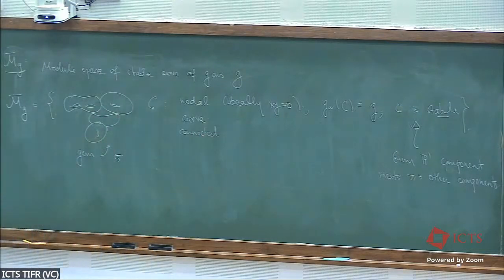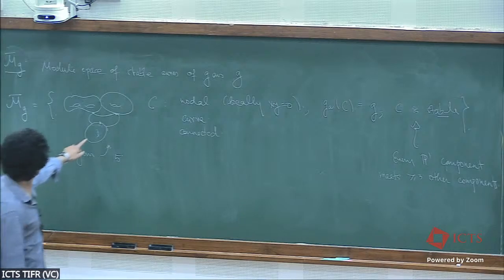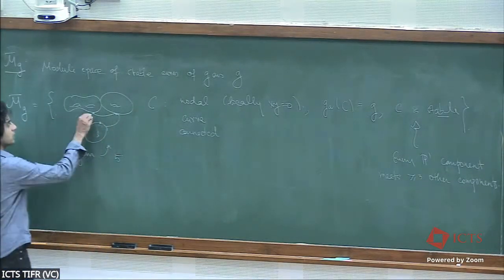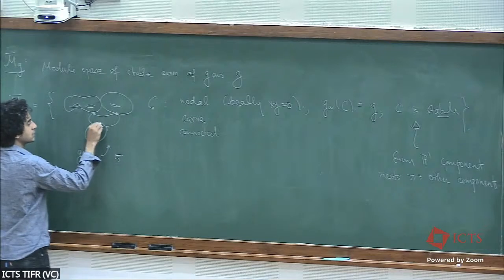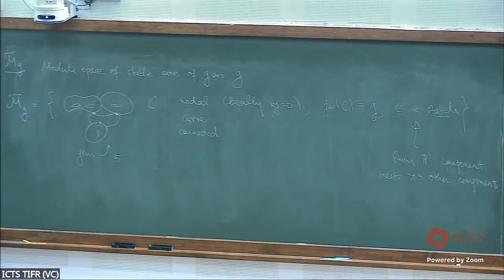Okay. This thing? No, that's stable. I don't think I've said anything that has prevented that. So here's one point, here's another point, and here's another. So maybe you're worried about automorphisms of the elliptic curve.